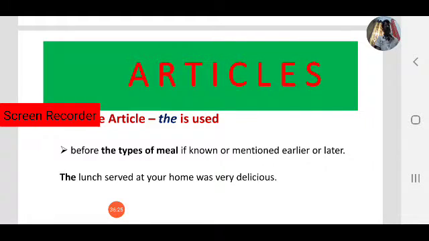Another case: when we have to refer to the meal again, then we use the definite article. The lunch, the breakfast, the dinner, the supper, because we are referring to the same meal. Before types of meals, if they are mentioned earlier or later: "The lunch served at your home was very delicious." Here observe, the lunch.